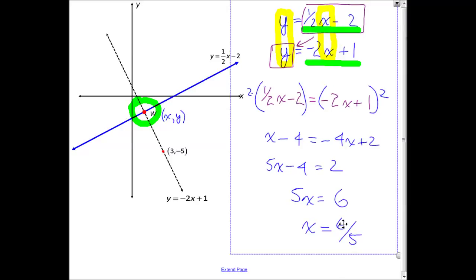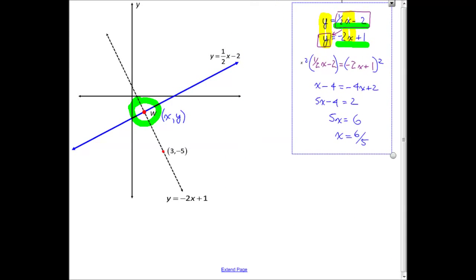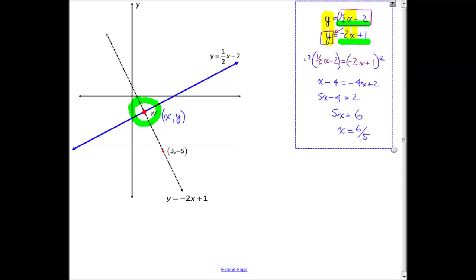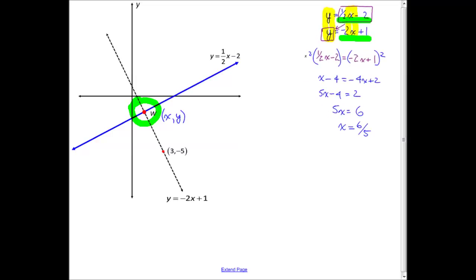In order to get my value of y, I'm going to give myself a little bit of room through the wonders and magic of technology. Well, we know that x is equal to 6/5. So we just need to find our value of y. We can use either equation, and I'm going to use the second equation. Y is equal to negative 2 times, in this case, x is 6/5 plus 1.